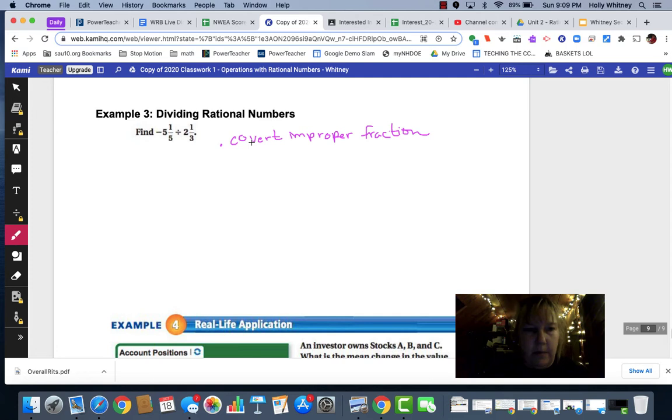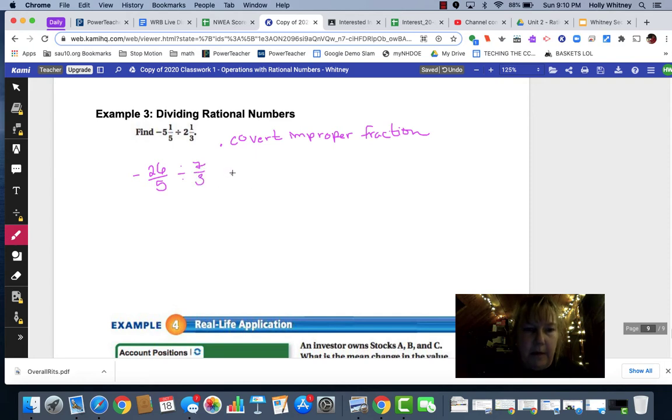So I'm going to end up with 5 times 5 is 25, plus 1 is 26. So we have -26/5, still divided by. 2 times 3 is 6, plus 1 is 7. So I end up with 7/3.